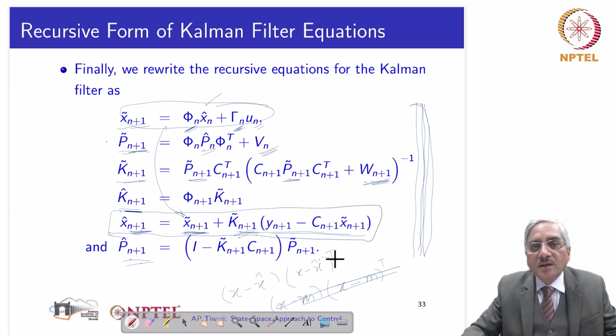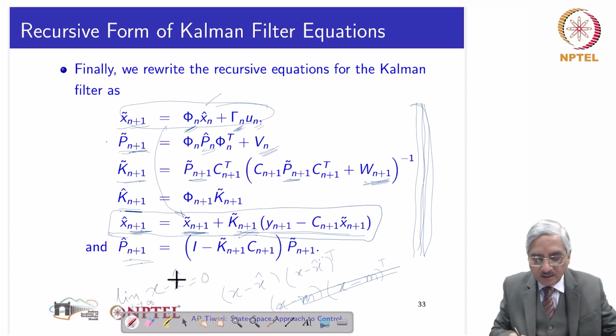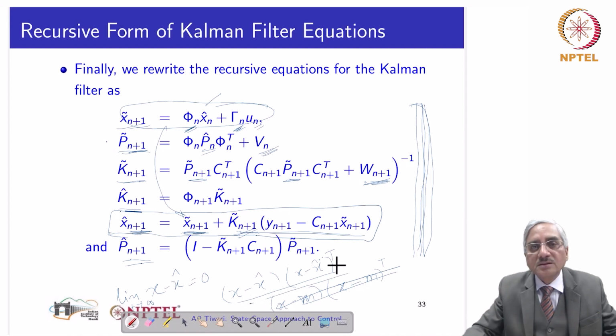In the case of the Luenberger observer we were minimizing x minus x hat with t tending to infinity, we are making it 0. Here it is not trying to make it 0 because that is never possible.